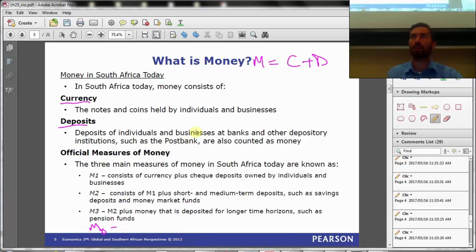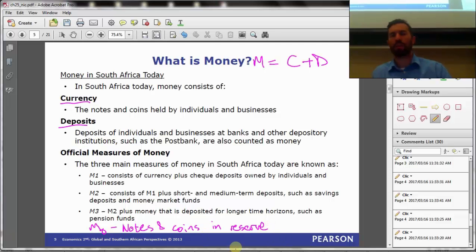It's technically not currency. The money base is actually the notes and coins at the Reserve Bank. So notes and coins in reserve. Let me just double check that, but I think that's right. So in other words, when you have notes and coins which circulate, that's currency.